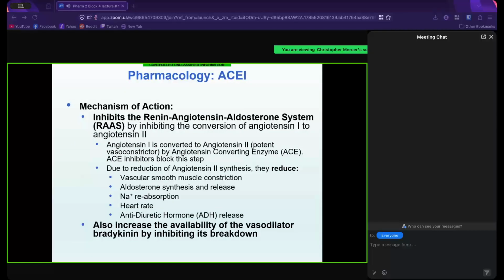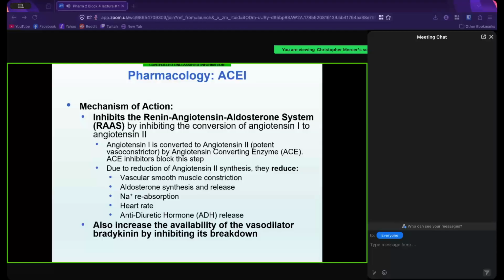So what do they do? Things that angiotensin II does, both in the central nervous system and in the peripheral vascular system and at the kidney.